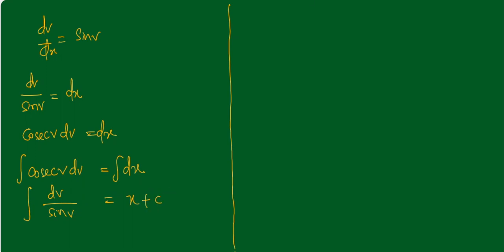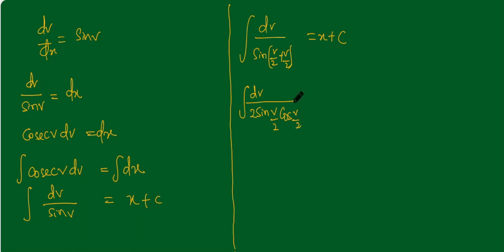So we can write sine v as sine of v over 2 plus v over 2, so the integral of dv divided by sine of v over 2 plus v over 2 is equal to x plus c. So we can simplify this to be the integral of dv divided by 2 sine v over 2 cos v over 2, which is equal to x plus c.